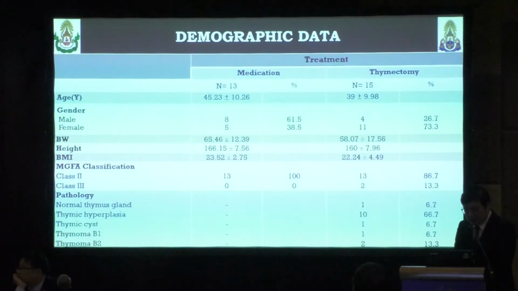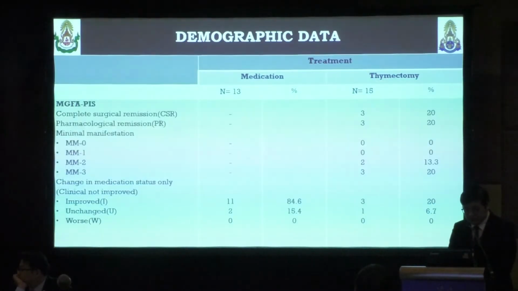Demographic data: we have 13 patients in the medication group and 15 patients in the thymectomy group, and the overall demographic data showed no significant difference. Most of the pathology from thymectomy was thymic hyperplasia.